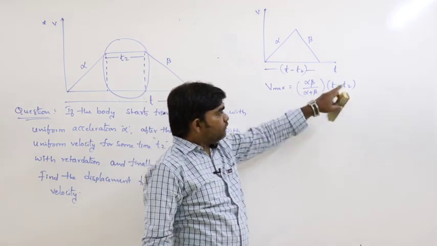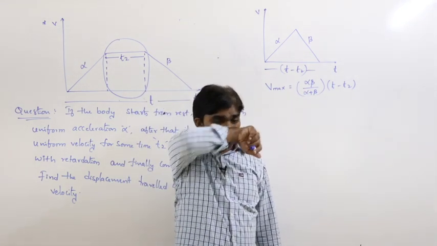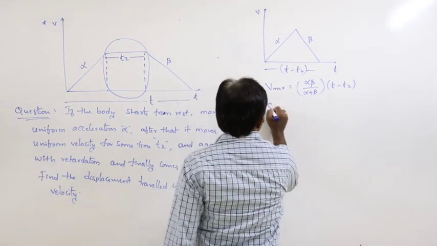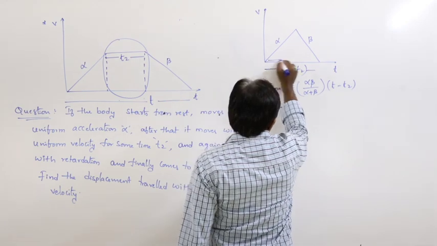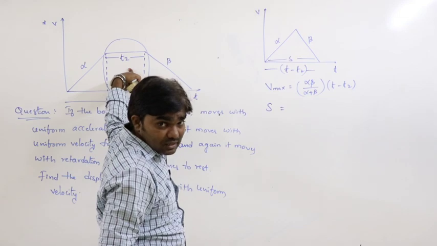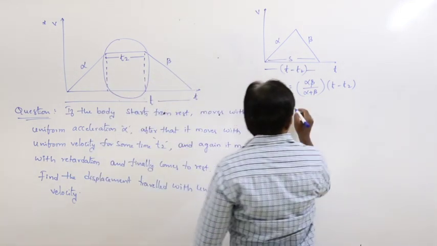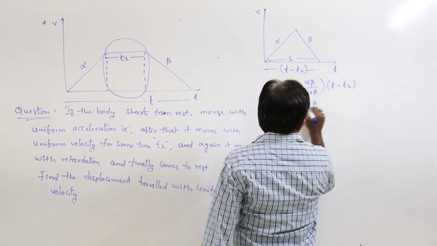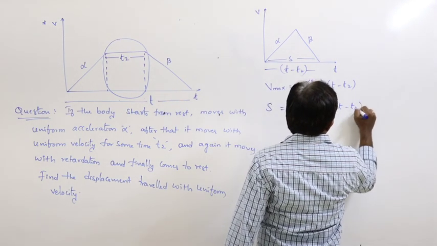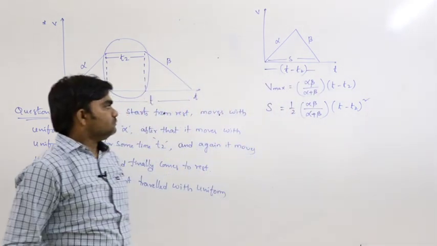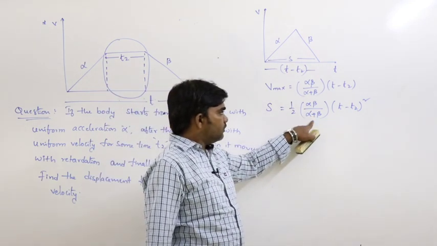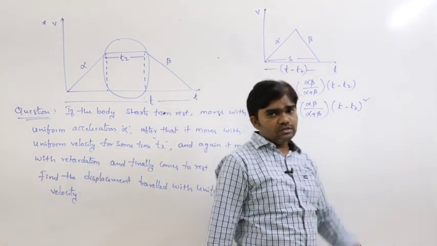Now displacement travelled, without considering this one, S is equal to half into alpha beta by alpha plus beta into T minus T2 whole square.